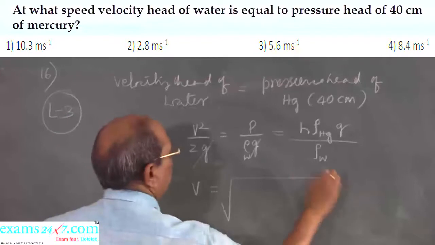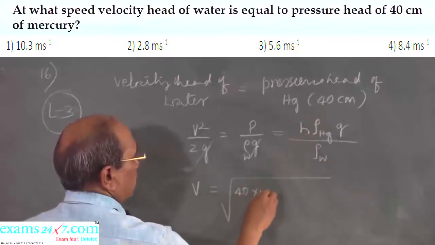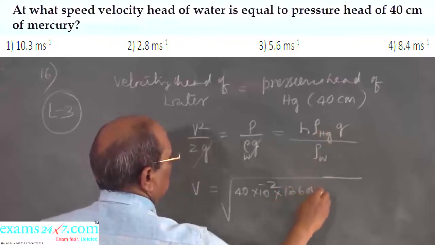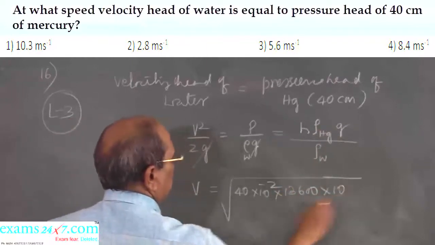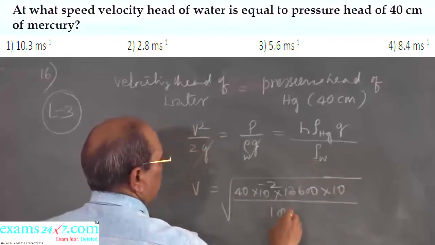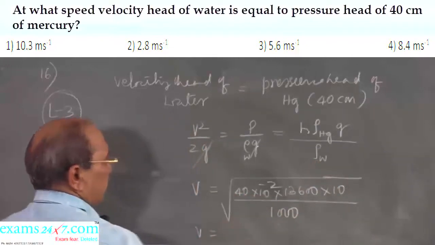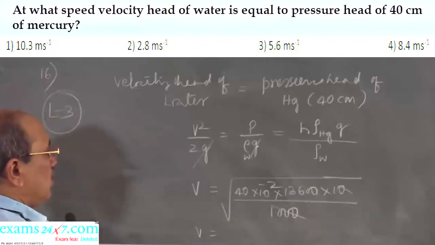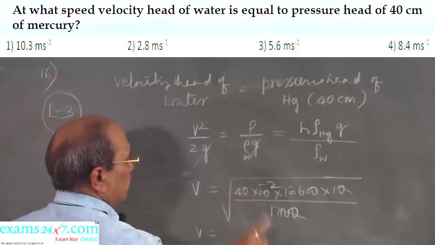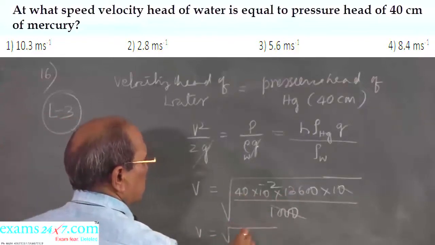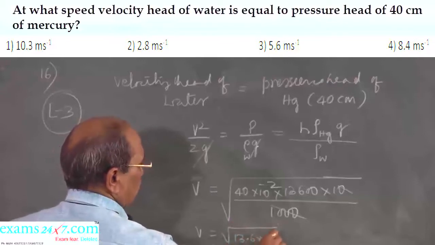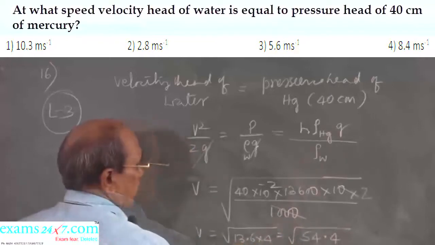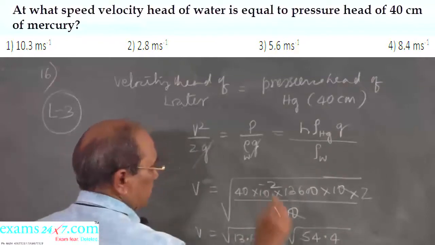V is equal to root of 40 into 10 power minus 2, density of mercury 13,600, g is 10, divided by density of water 1000. If you simplify here, the 10 power 3 cancels, and we get 13.6 into 4 root of, multiplied by 2 is 8.